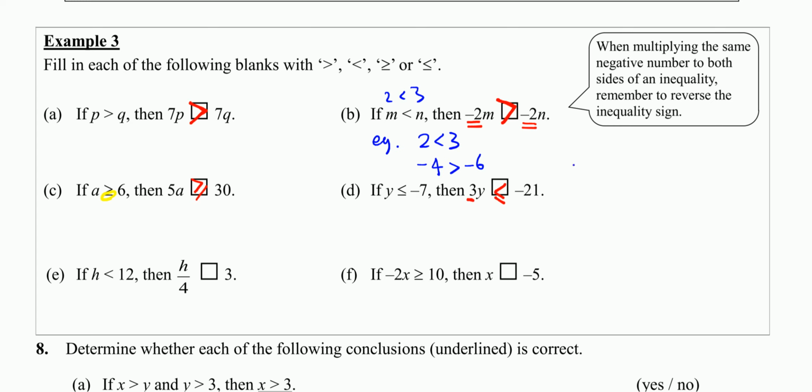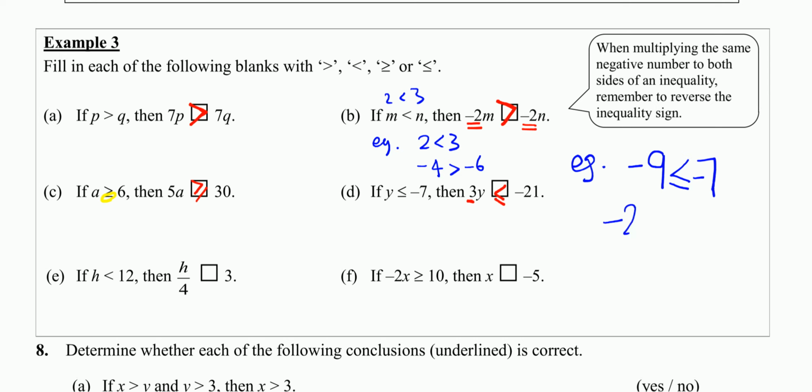And just a simple example: -9 is less than or equal to -7, and we multiply by positive 3, the left hand side should be -27, and the right hand side is -21. But you know the size still did not change.